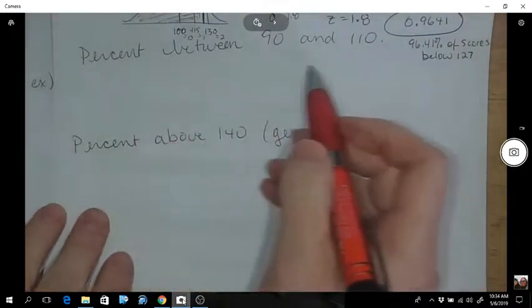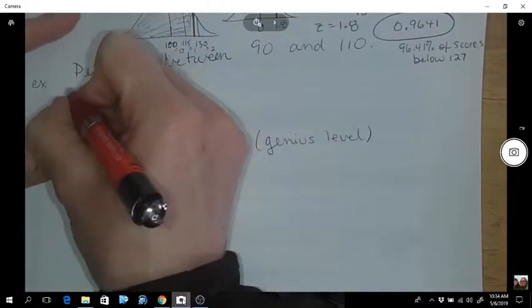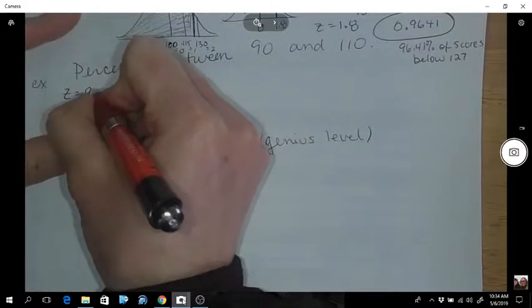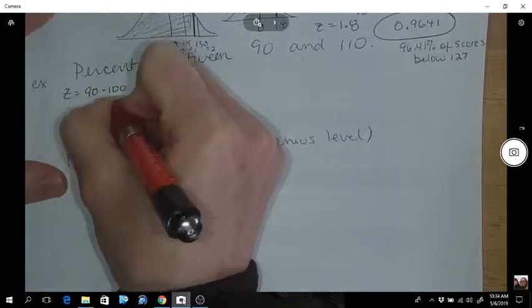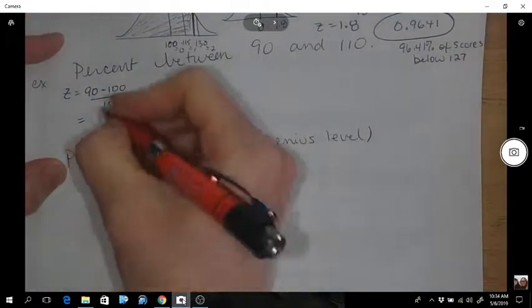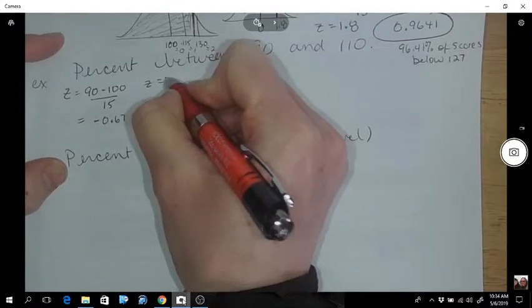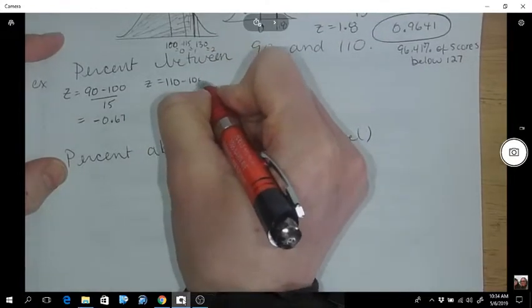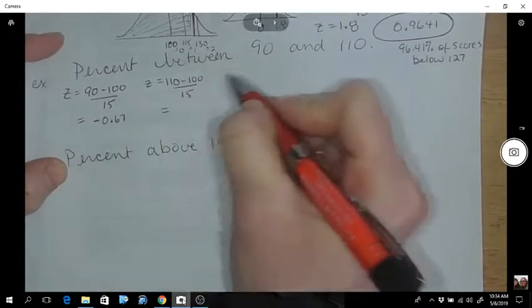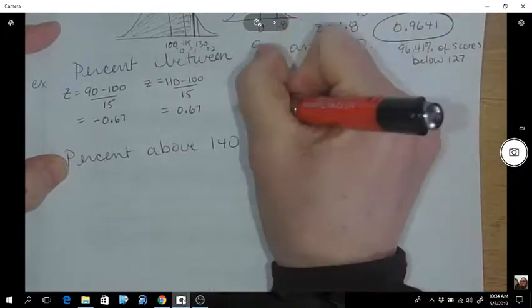Okay, find the percent between 90 and 110. Okay, so here we go. Z-scores. 90, subtract the mean over the standard deviation, has a Z-score of negative 0.67. And 110 minus 100 divided by 15 is a positive 0.67.